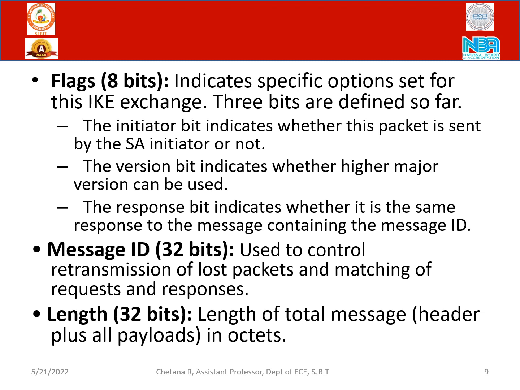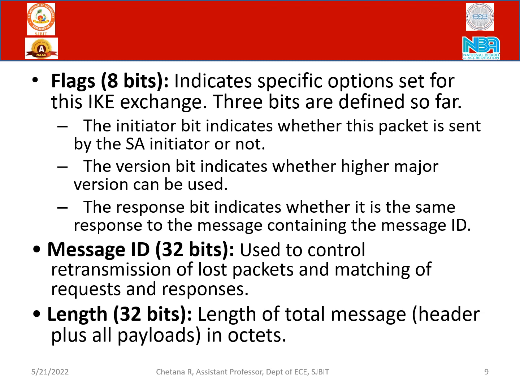You need to prove that this information is sent by the security association, so 1 or 0. Next, the version. Next, the response bit, whether it is for the same message that you are sending.